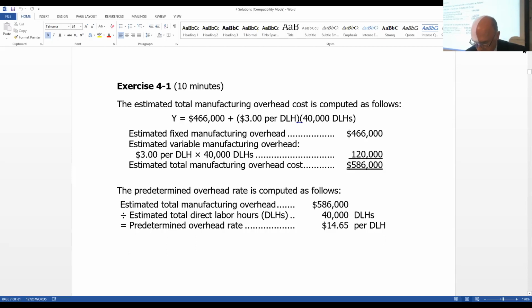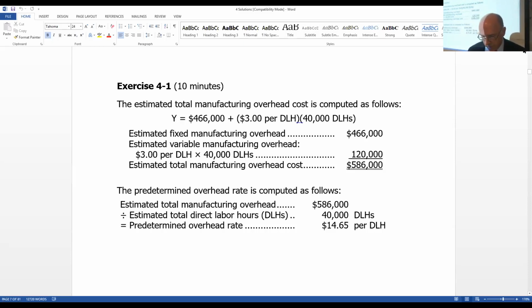The company also estimated $466,000 of fixed manufacturing overhead expenses for the coming period and variable manufacturing overhead of $3 per direct labor hour. Logan's actual manufacturing overhead for the year was $713,400, and its actual total direct labor was 41,000 hours. So they thought it would be 40,000, but it was actually 41. That's 2.5% more than what they thought it would be. So the estimate's probably going to be off, even if their other estimates were right on target.